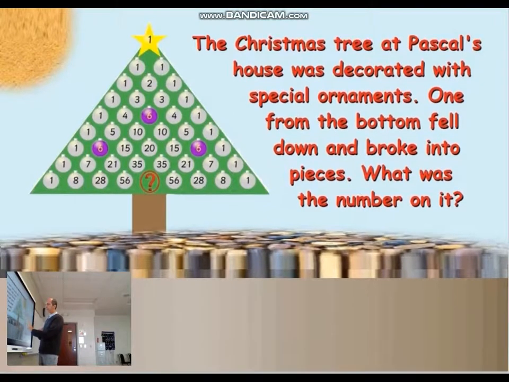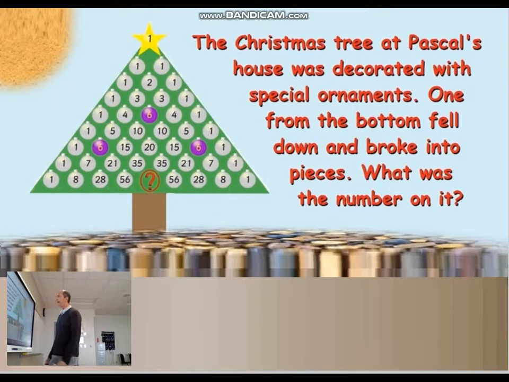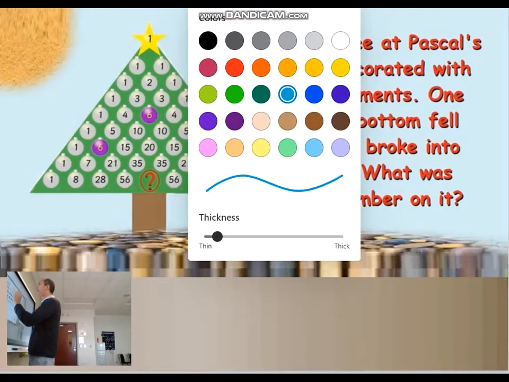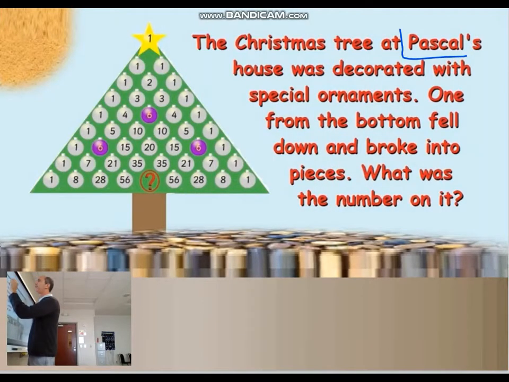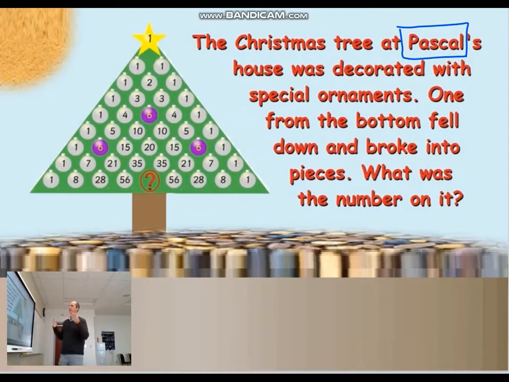Did you find the answer for our math puzzle? The hint is here in the name of the owner of the house. It's Mr. Pascal. This is the name of a very famous mathematician, who thought about this kind of arrangement for the numbers. This is called Pascal's triangle, and it is built by adding the numbers.